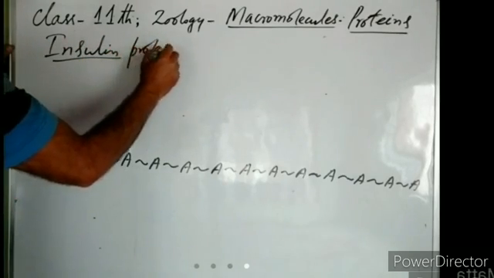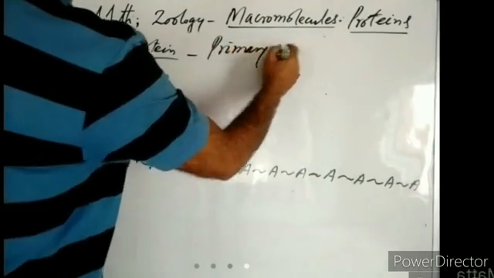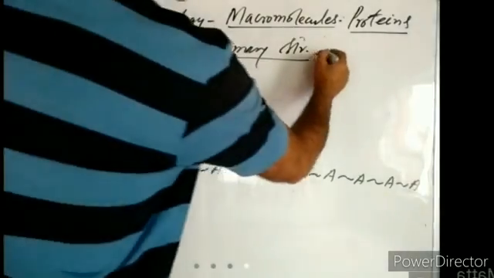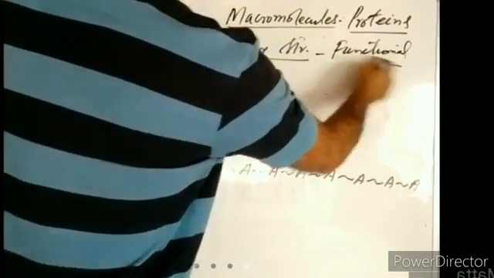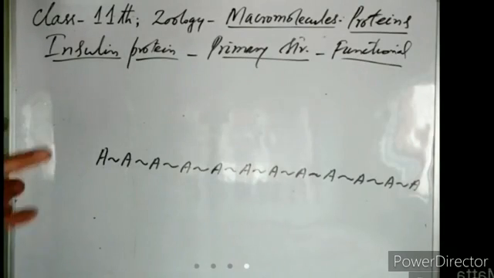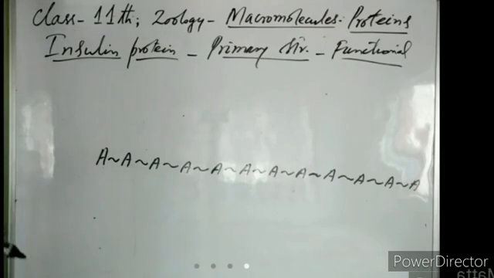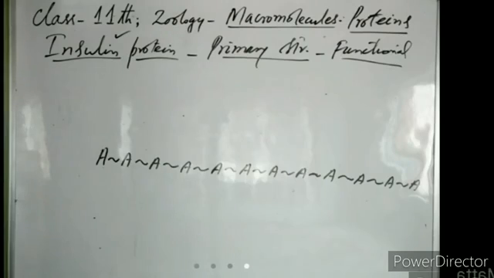It has only primary structure, and it is functional in this primary structure. As I told you, the majority of proteins are not functional in primary structure. They assume secondary structure, then tertiary structure, then quaternary structure. But insulin is the only protein which is functional in primary structure.